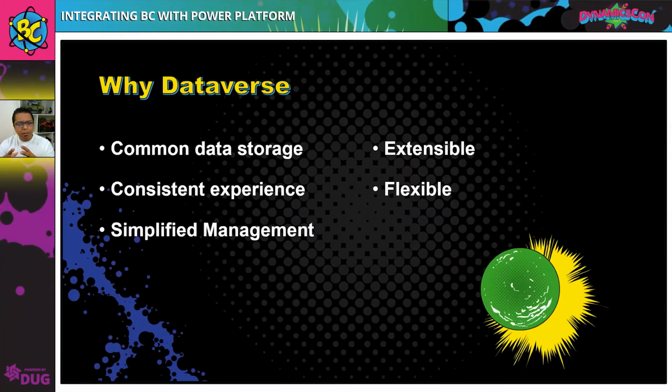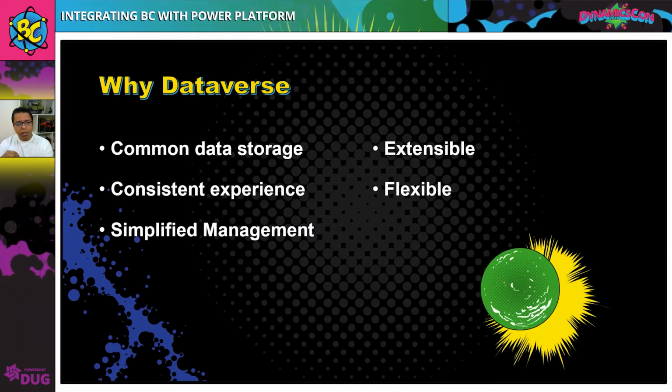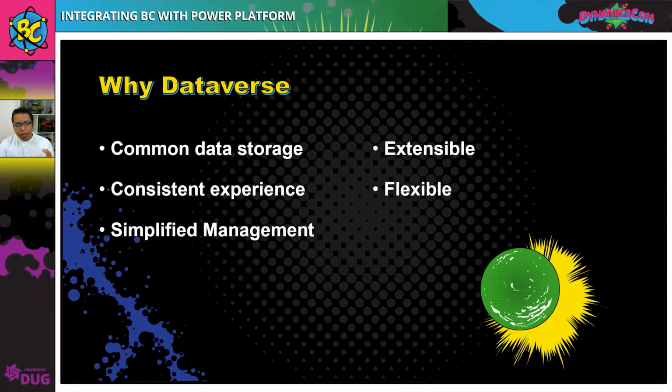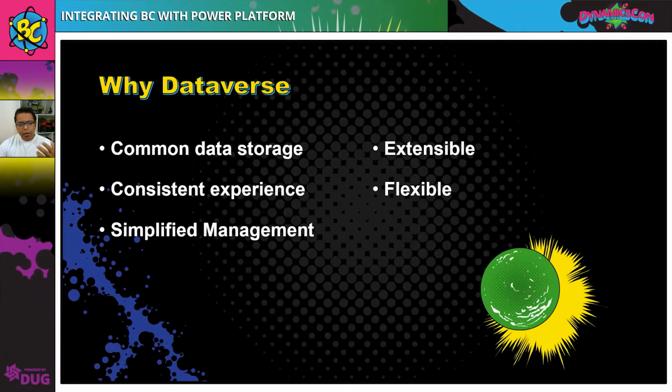And in some cases, multiple applications might be using the same set of data. You might have an application on the customer side that handles the customer orders, and one application might be handling the customer inquiries. But both of these applications have something in common, which is that they're using the customer dataset. In the old days, most applications like this would have their own dataset and then do a manual synchronization.